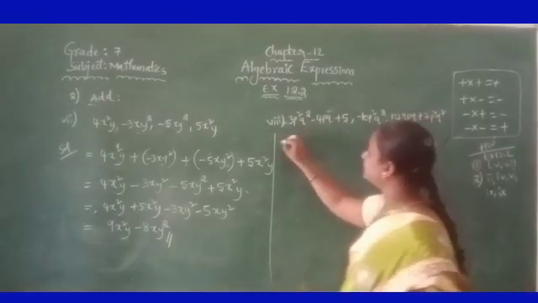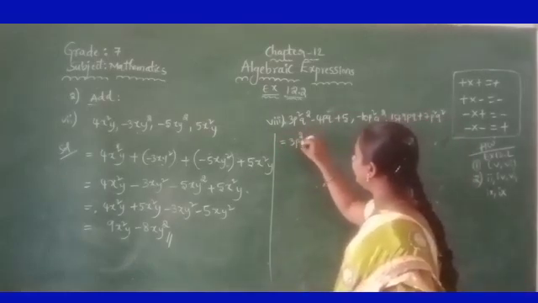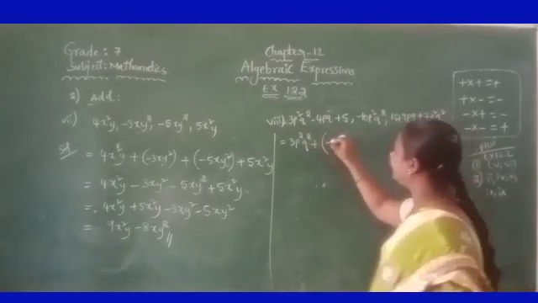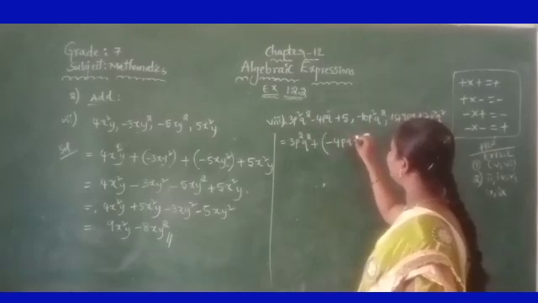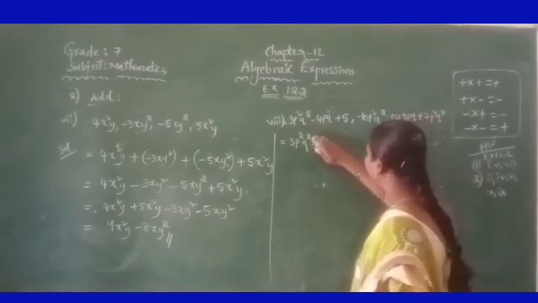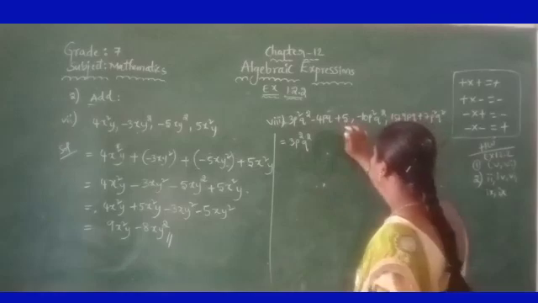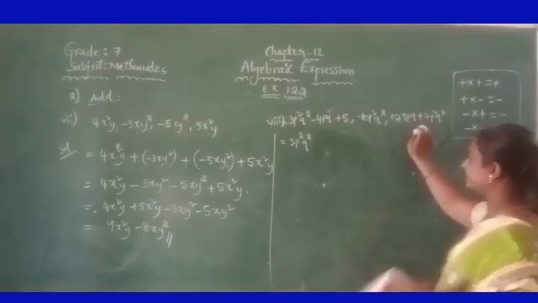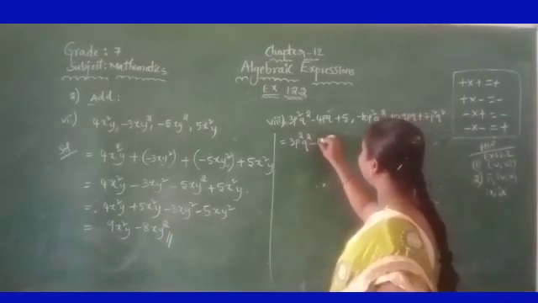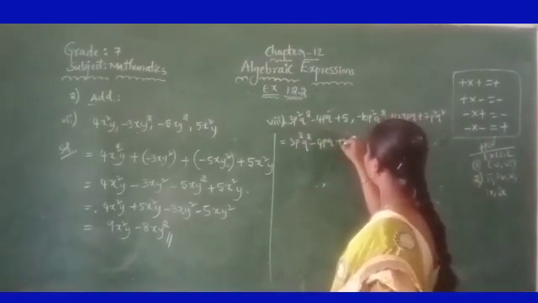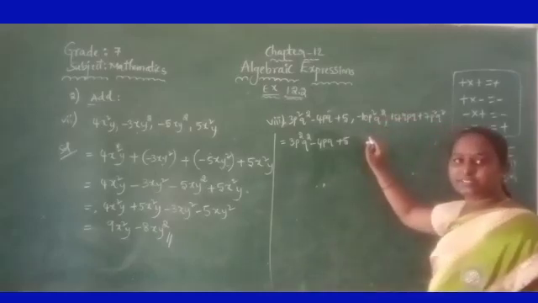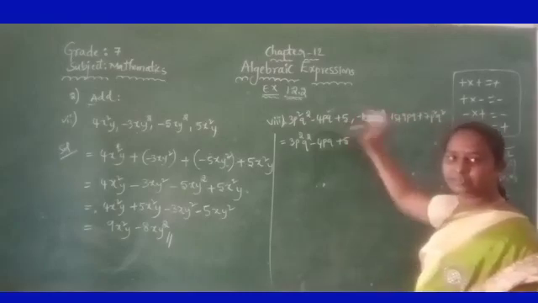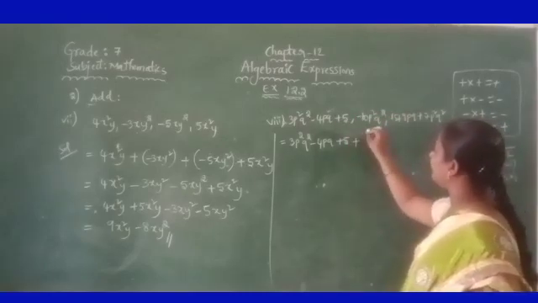First add this one: 3p square q square plus, keep this one in bracket, minus 4pq plus 5. This is one expression, this one the second expression, and this one the third expression. That's why I told you the commas are there. So you keep that one in bracket.